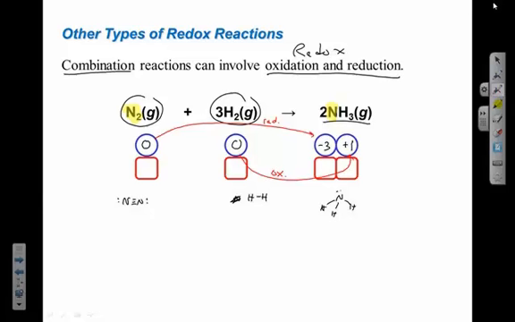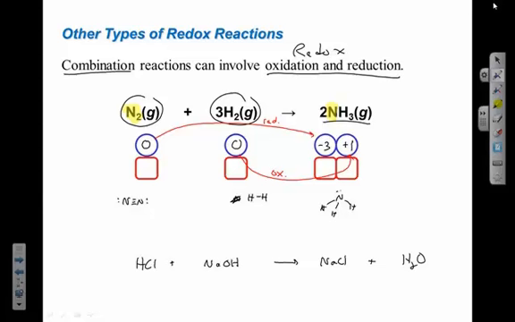So if I know the oxidation numbers, I can tell whether it's a redox reaction or when the reaction takes place. What if I had this reaction here? Is that a redox reaction? Well, if I can recognize that it's an acid-base reaction, I know it's not a redox reaction.